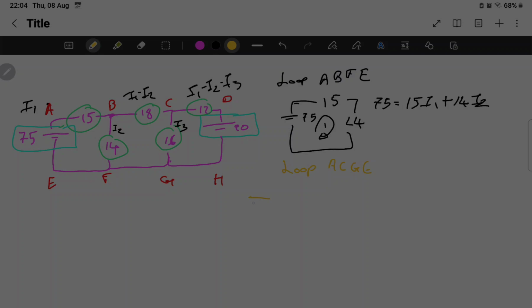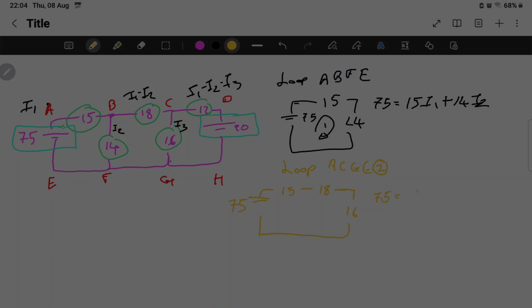We have the 75 and we have the 15, we have the 18, we have the 16, and then we come back. Very simple. So let's write the equation. So that's our first equation. This will be our second equation, equation number 2.